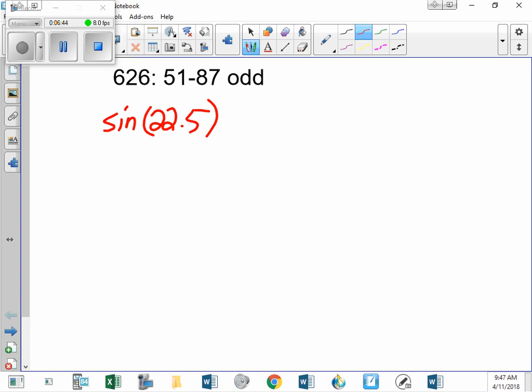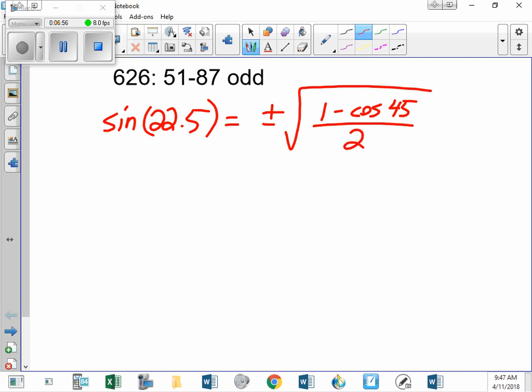There's just a negative instead of a positive on the inside. Plus or minus the square root of 1 minus the cosine of 45 over 2. You still use cosine. Now, first, where is 22.5? In quadrant 1. Is the sine positive or negative in quadrant 1? It's positive, so I'm going to choose the positive equation.